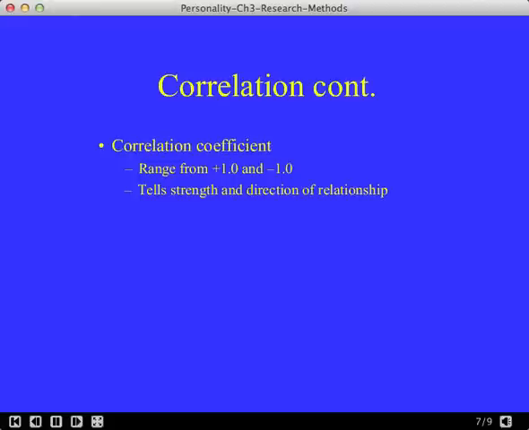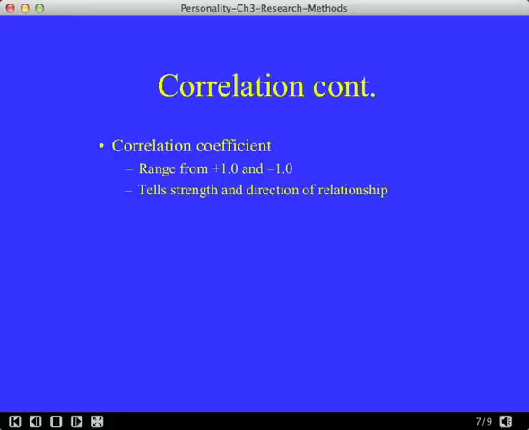Correlations are expressed in a decimal number called a correlation coefficient. This number ranges from plus 1.0 to minus 1.0, or positive 1.0 to negative 1.0. The closer to plus 1 or minus 1, the stronger the correlation, the stronger the relationship.